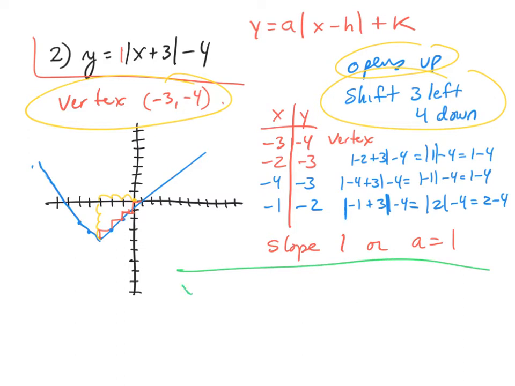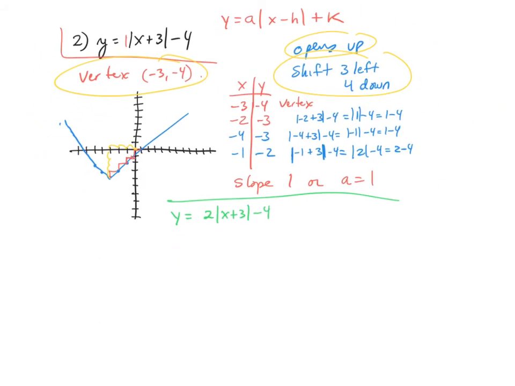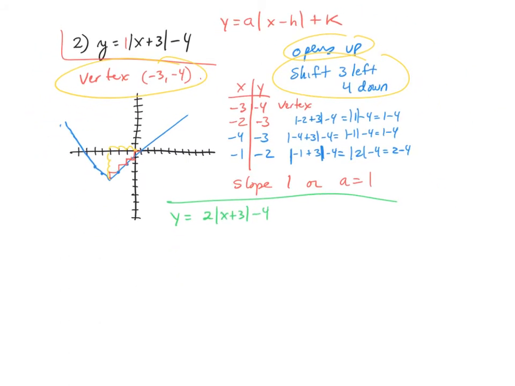Let's say I have the same problem, but now I have y equals 2, absolute value of x plus 3 minus 4. So now when I do that xy, I still have the same vertex.